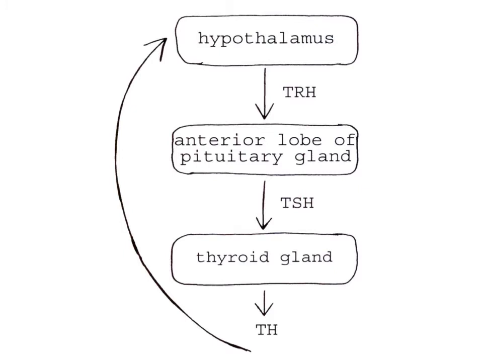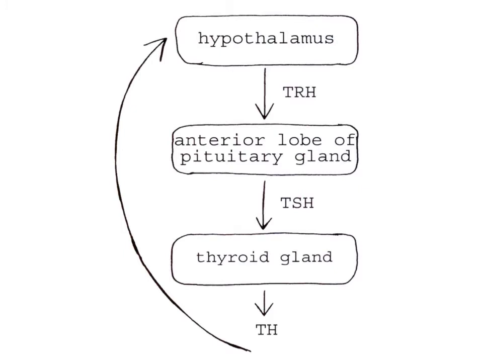Over time, if the levels of thyroid hormone continue to drop, this will be detected by the hypothalamus. When the levels of thyroid hormone detected by the hypothalamus are too low, the hypothalamus will respond by producing TRH, causing production of more TSH, causing production of more TH.